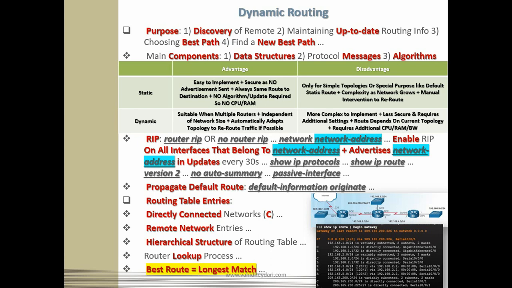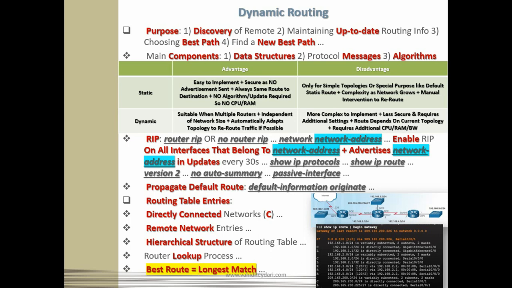Thirdly, we have algorithms in place, and they are here to facilitate learning routing information and also help us choose the best path. So, for best path determination, we need certain algorithms, and each of these routing protocols, like EIGRP or OSPF, depends on different routing algorithms.